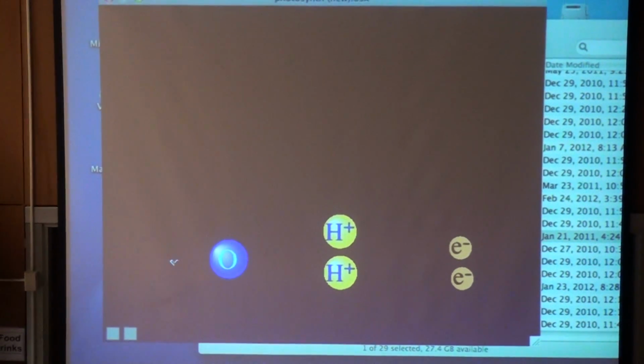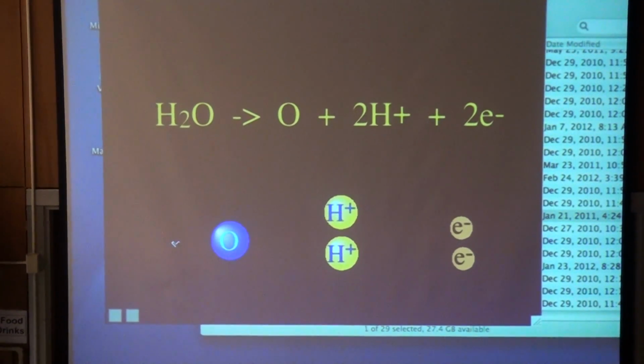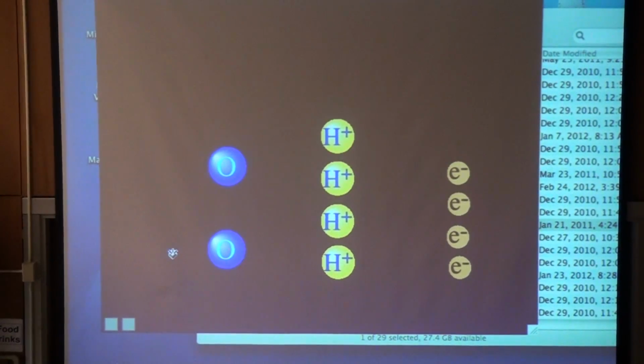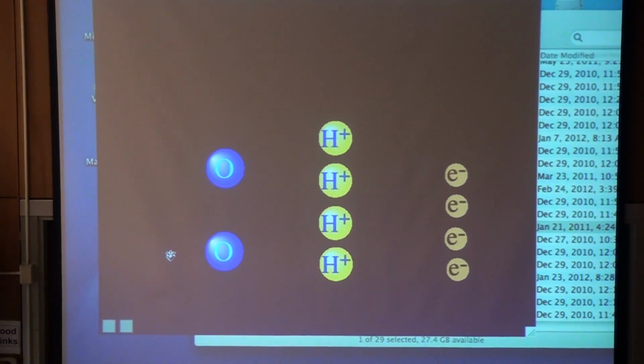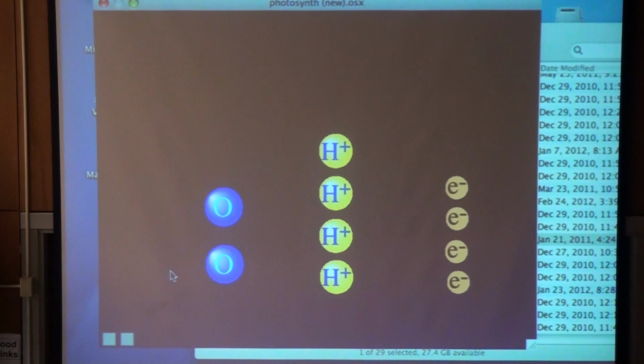If you imagine a second water molecule being split, okay, so there's the equation for a single water molecule being split. If you imagine a second water molecule being split, you'd end up with two oxygen atoms, 4 hydrogens, and 4 electrons. And what would happen then is these two oxygen atoms would then bond to each other, like this, forming a molecule of O2.